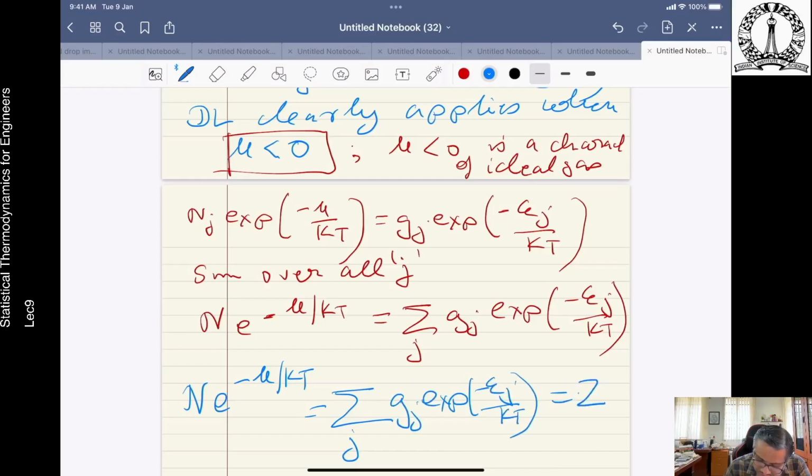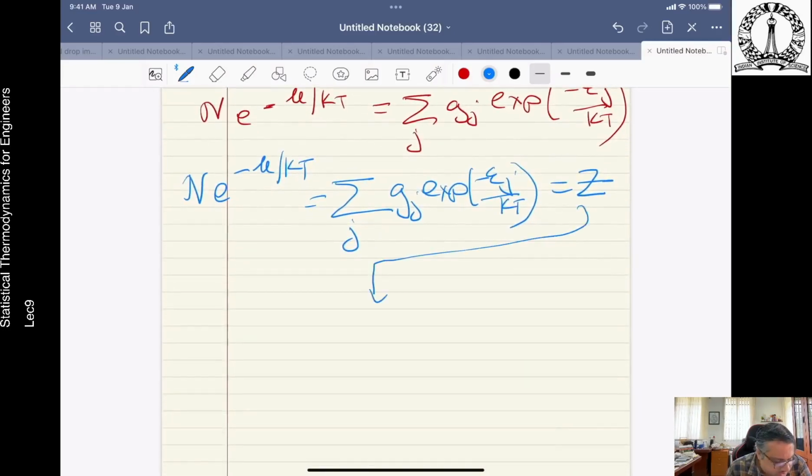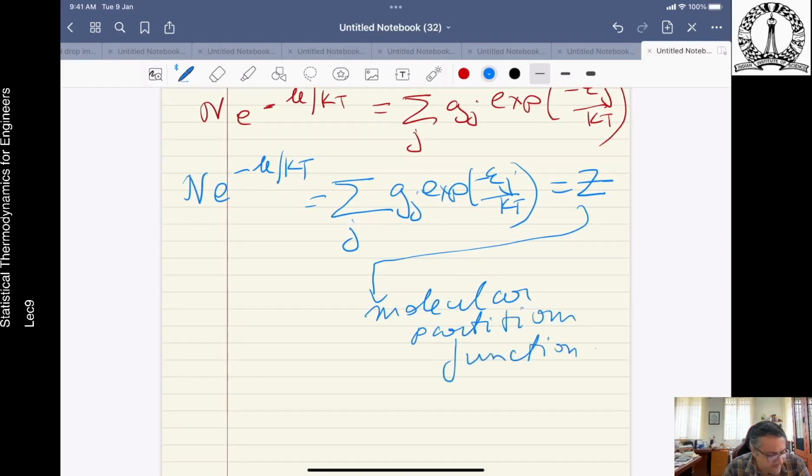This is called Z, where Z is the molecular partition function. Okay, this is the molecular partition function. So the molecular partition function is nothing but the sum total of these terms over all energy levels.